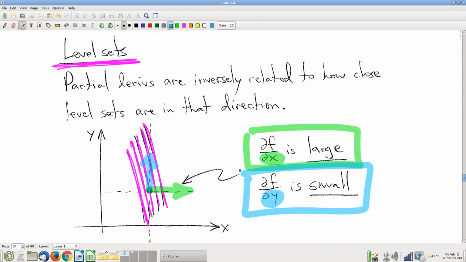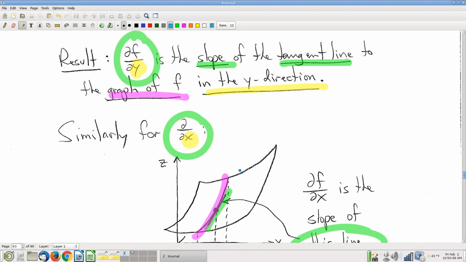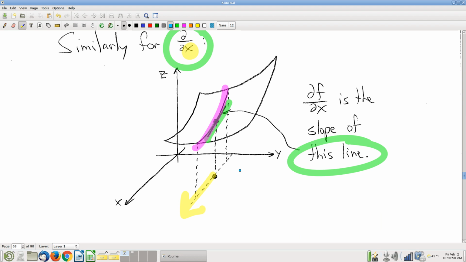Am I looking at level sets, in which case, the closer the contour lines are together, the steeper it is, and so the larger the partial derivative is? Or am I in a graph context, in which case the partial derivative is the slope of the graph. End of story.